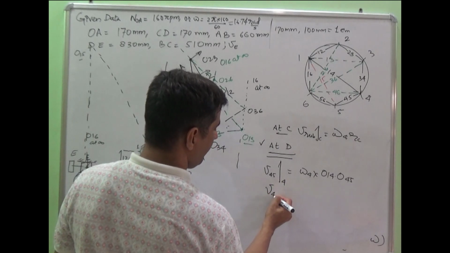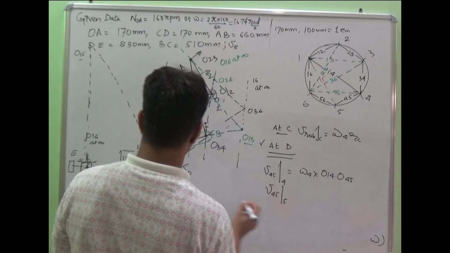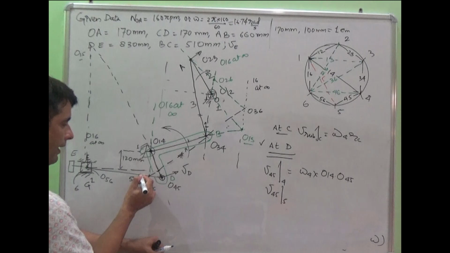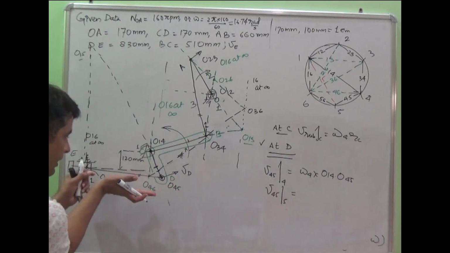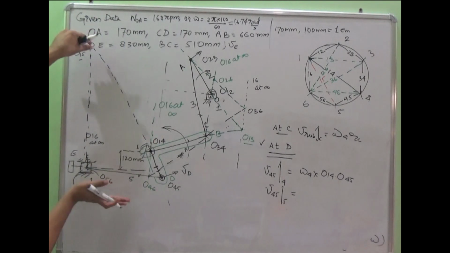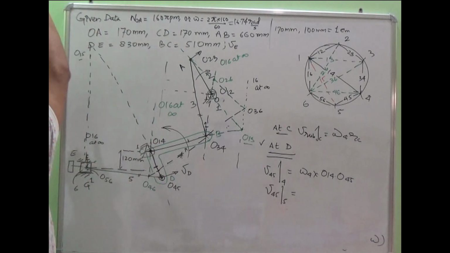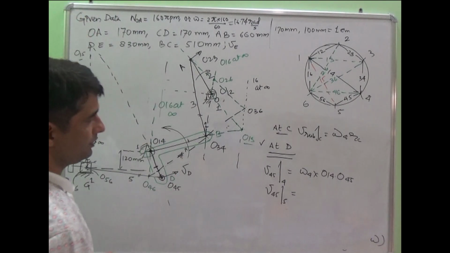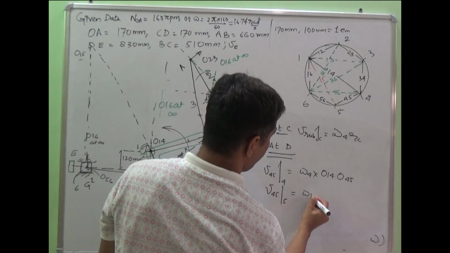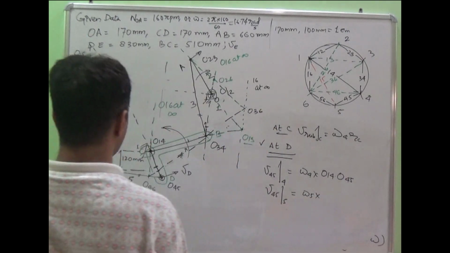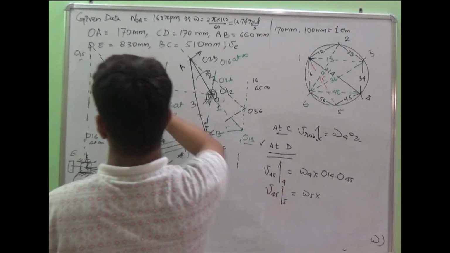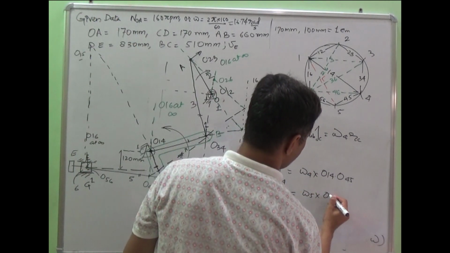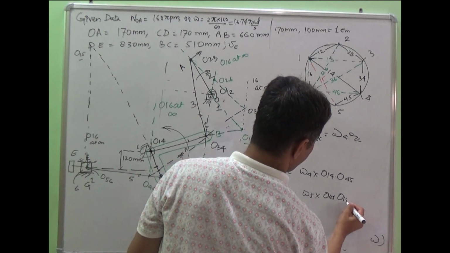Now consider O45 on link 5, because this is a common point on link 5 as well as on link 4. You see this link number 5 seems to be rotating with respect to this point. This is rotating like this. So this is nothing but omega 5 multiplied by the distance between O45 and O15.